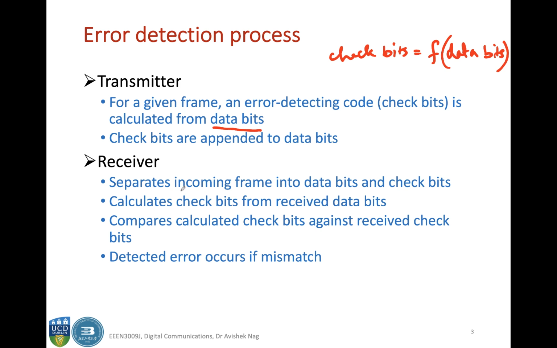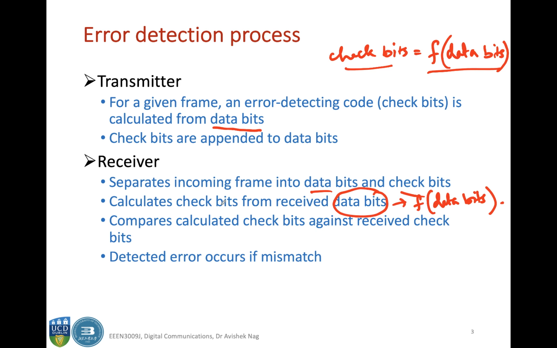In the receiver, the receiver separates the incoming frame into the data bits and the check bits, and then calculates the check bits from the received data bits. As you see, the check bits are a function of data bits, so when the receiver receives the data bits, it tries to calculate the same function of the data bits that it has separated.